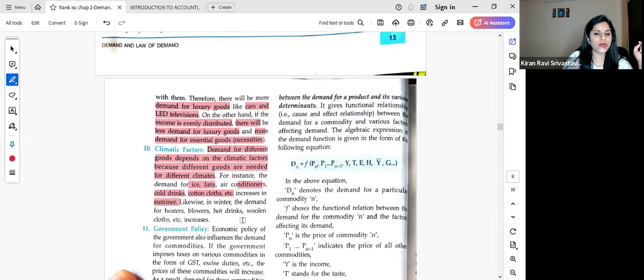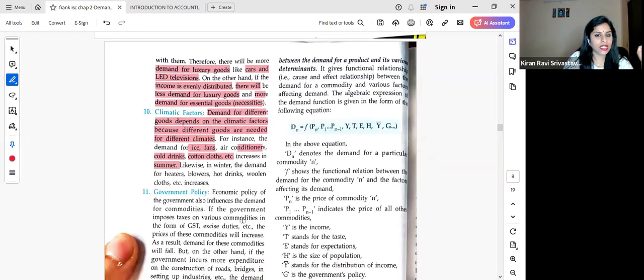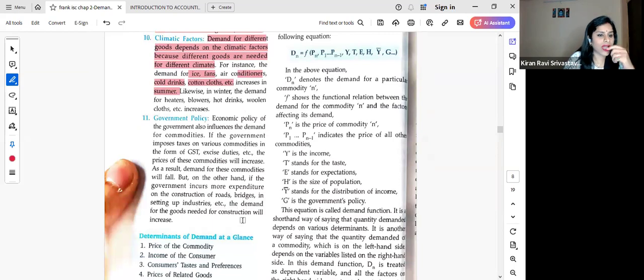Then the last one is government policy. Government policy also heavily affects the quantity demanded. The economic policy of the government also influences the demand for commodities. I'll tell you one example. Some 2 to 3 years back, the government imposed goods and services tax, GST.